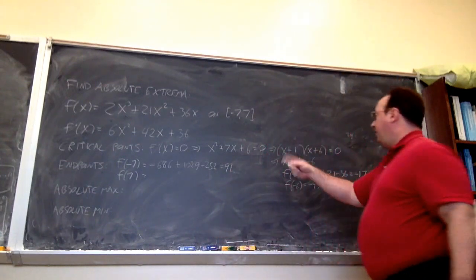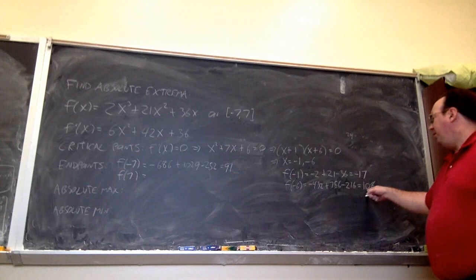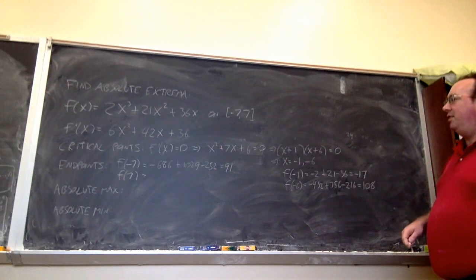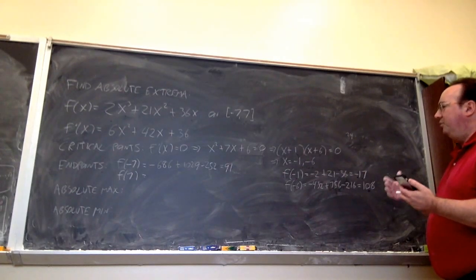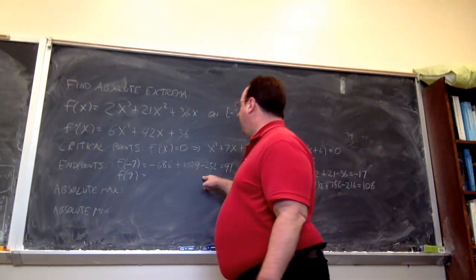So that will not be the absolute maximum. So far, 108 is the largest value we found, and -17 is the smallest we found so far, but we still have to substitute x equals 7. Once we have that value, then we'll know for sure. Actually, we're going to have the same numbers as before, just different signs.